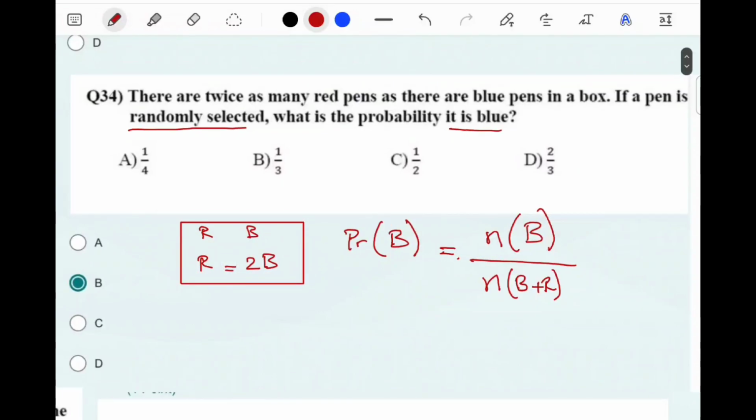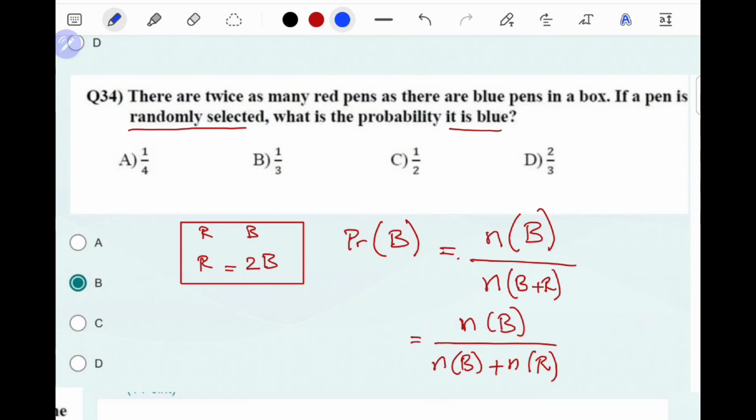So this is equal to the number of blue pins divided by the number of pins that are blue and red, which is simply NB plus NR.